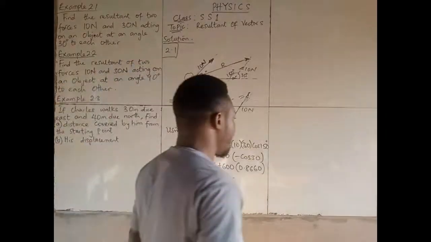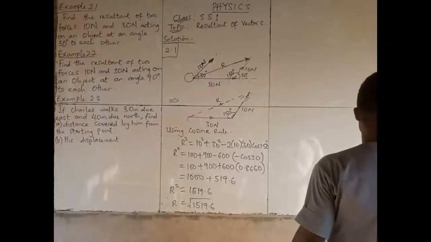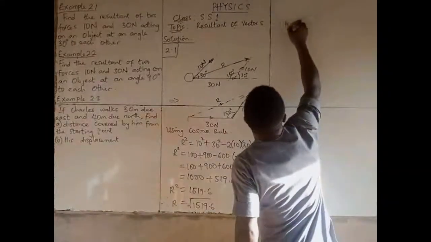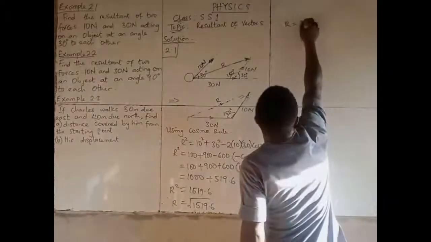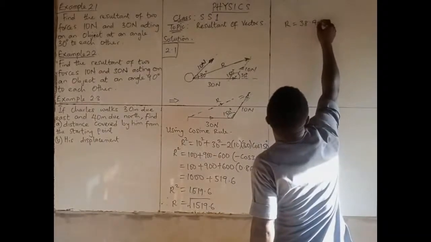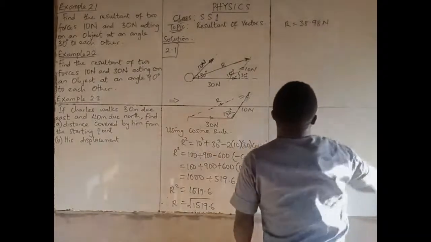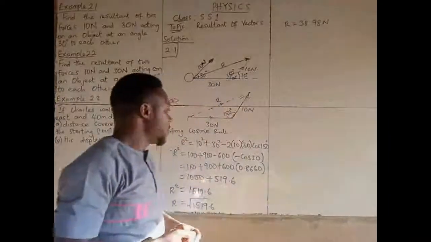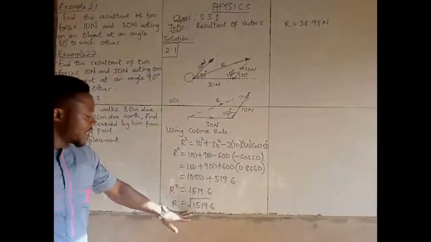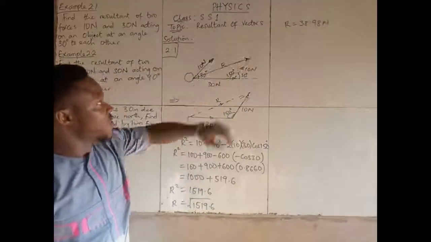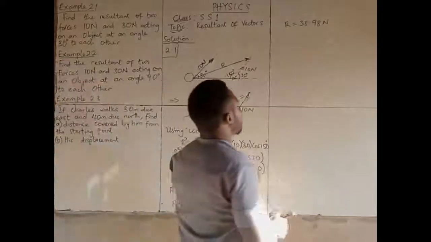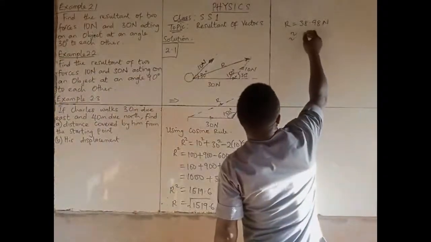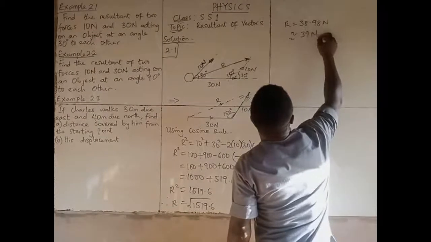If you find the square root of 1519.6, you will have R equal to 38.98 Newton. Finally, you can say it's approximately equal to 39 Newton.